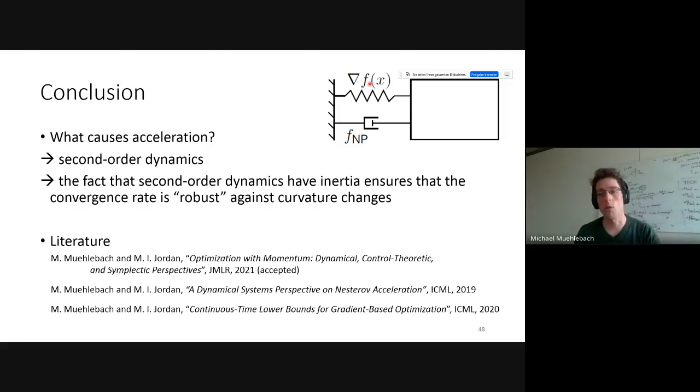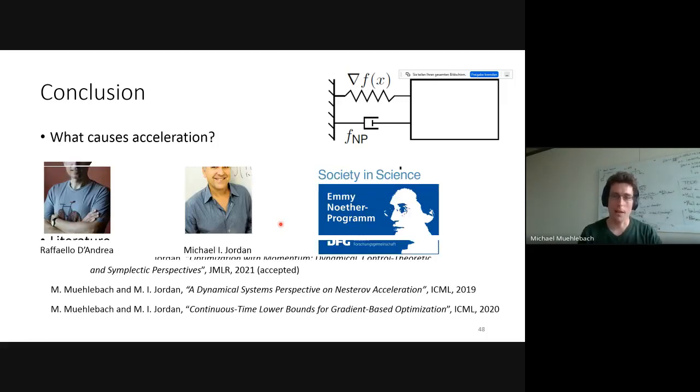And so it's robust. So the convergence rate will be robust against small changes of the spring. These changes in the spring correspond to changes in the curvature. And the previous analysis made this observation rigorous. And with that, I would like to conclude.